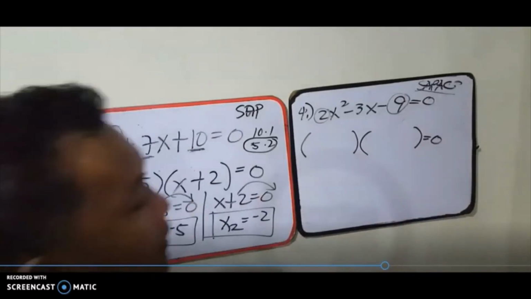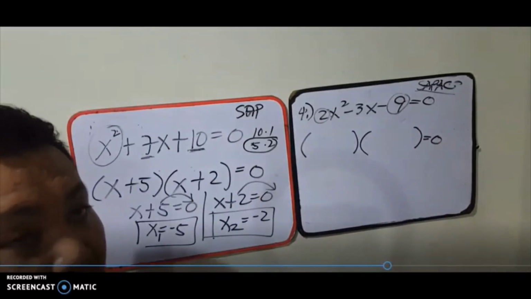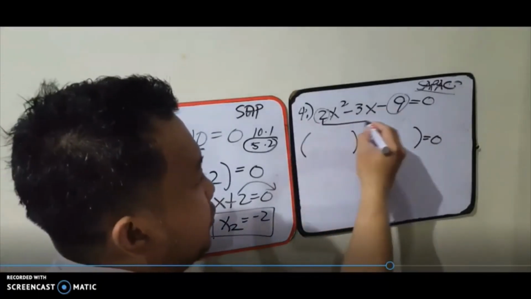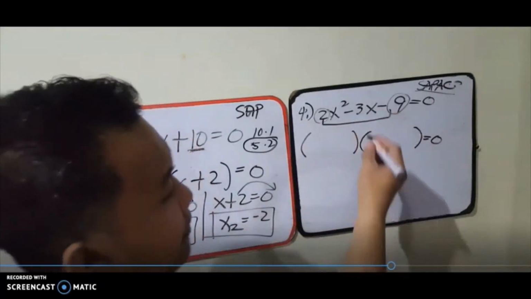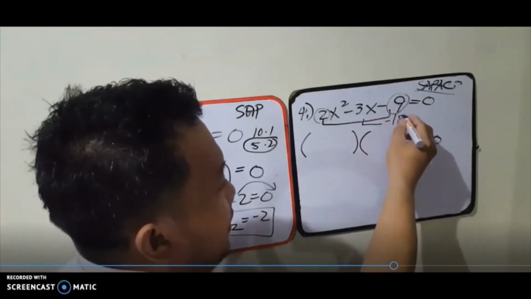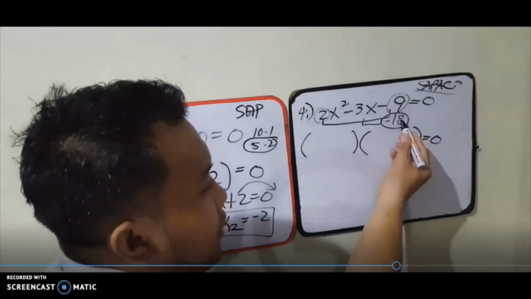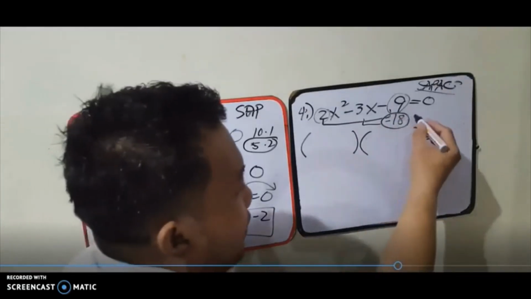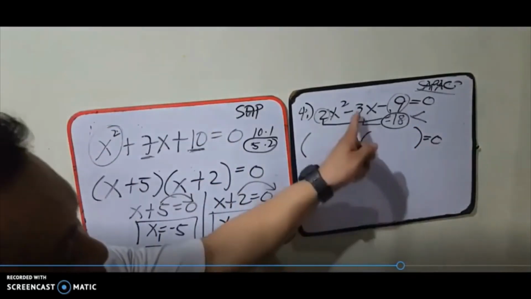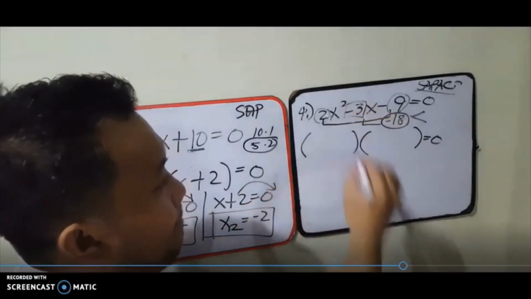But before we do that, let's first find the product of A and C, the numerical coefficient A and the C. That's 2 times negative 9, and the answer is negative 18. So now, using the sum and product method, find the factors of negative 18 that when added, the sum is negative 3. This will become the sum.